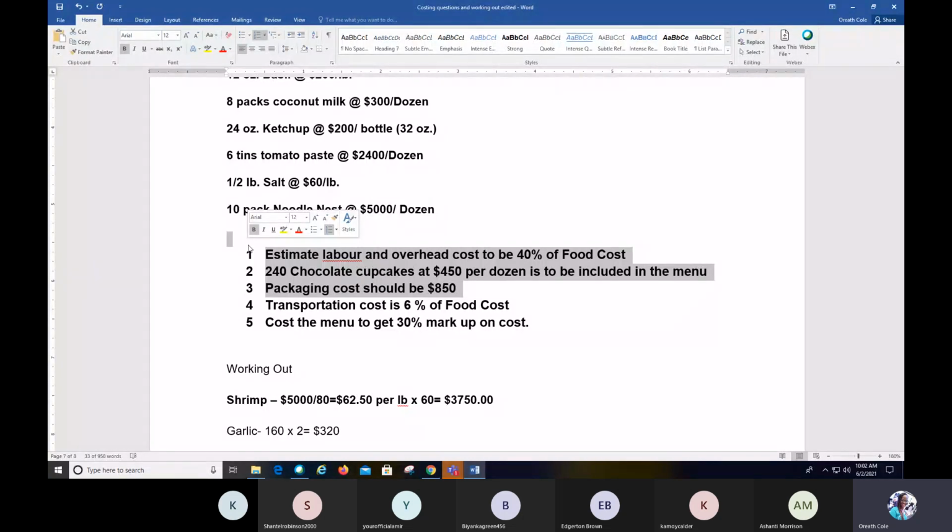Miss, we don't understand number 3. Well, try it. It says the easiest one is packaging cost should be $850. What do you think you're going to do with the $850? Take it out of the cost, Miss.